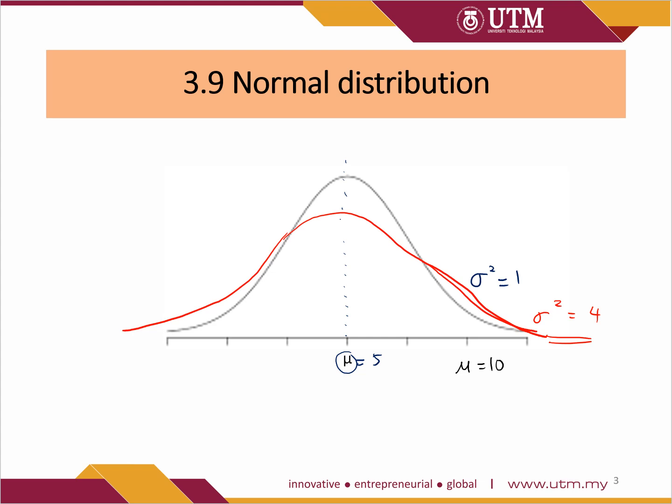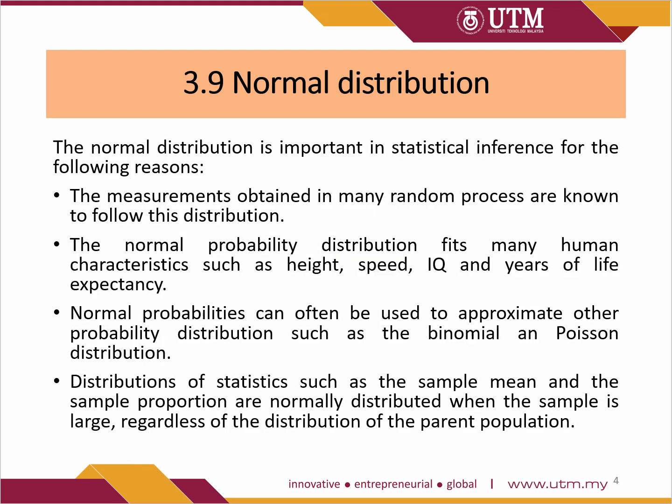So it will change depending on where your mean is. And let's say here sigma square is equal to 2, for example. So this is the normal distribution.